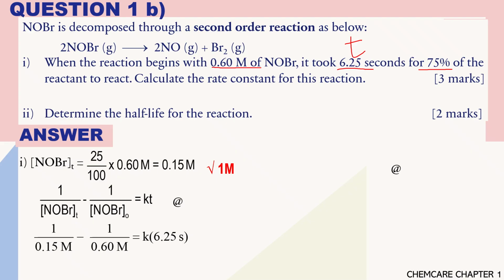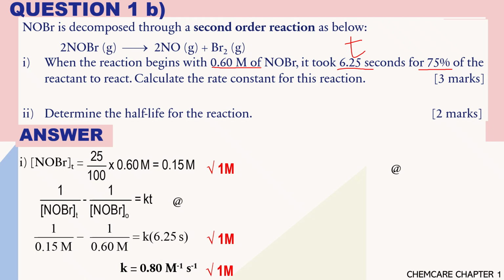Okay, so we insert the value into the formula. 1 over 0.15 M minus 1 over 0.60 M equals to k times 6.25 seconds. So 1 mark for the formula or insertion value, and the final answer k equals to 0.80 M negative 1 s negative 1, 1 mark. So the unit is in M s negative 1.